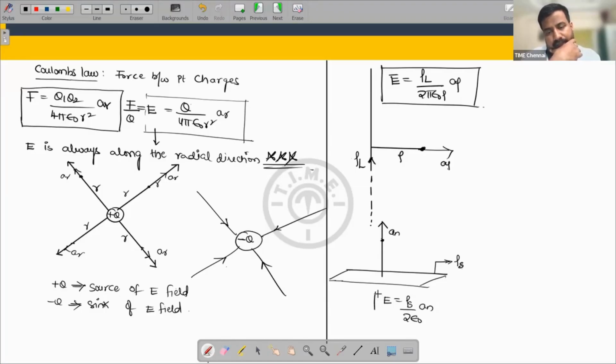It is given by E is rho s by 2 epsilon naught an.